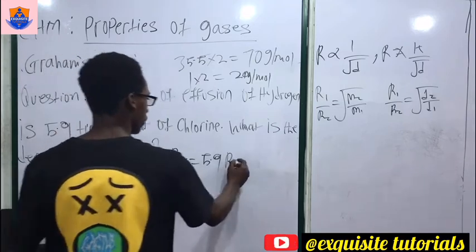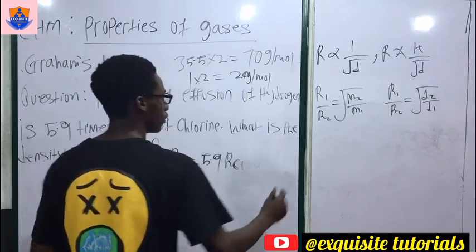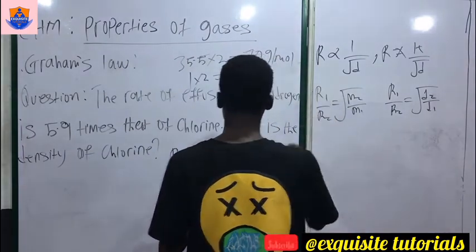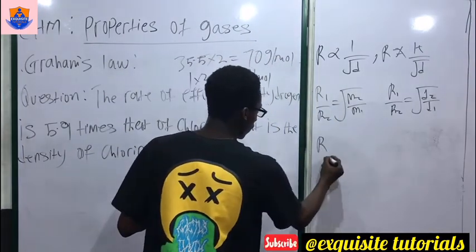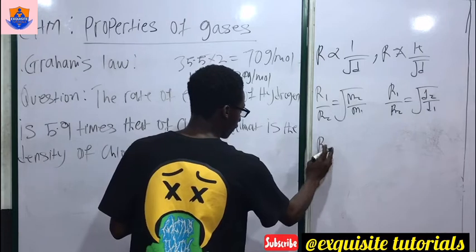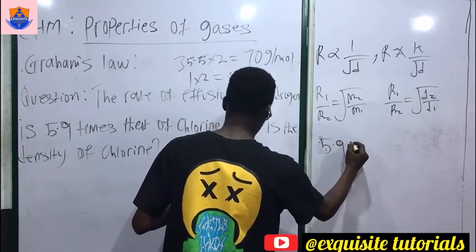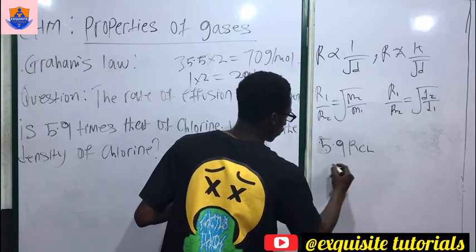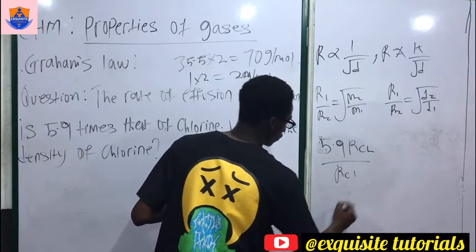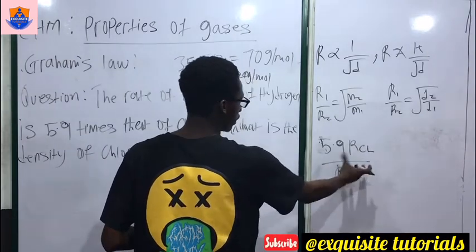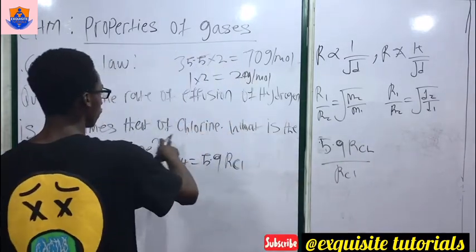So now let's look at the rates. We have R1 to be 5.9 times rate of chlorine over rate of chlorine, which is R2, the rate of effusion of chlorine.